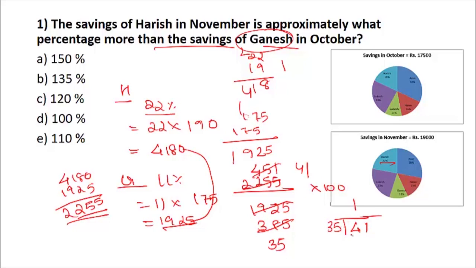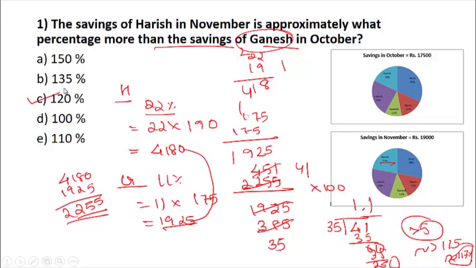It will be 1, then the point comes here, and it is approximately 1 times 35, 5 comes here, then 2. So it is approximately more than 115, around 117. This much approximation you can use, no need to do it completely. Which value is it closest to? It is in option C.